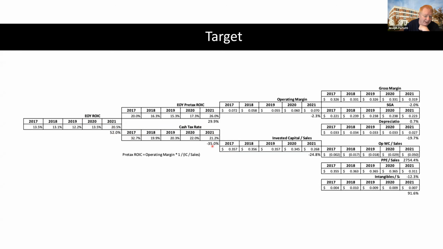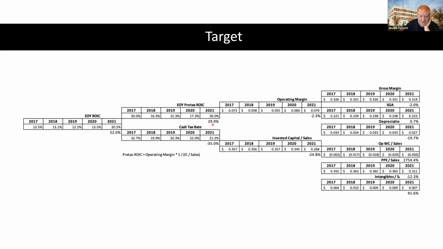That was a 35% decline in Target's tax rate, so that should have helped their ROIC. It did. Unlike Starbucks, the tax rate was also one of the direct drivers of the increase in the after-tax ROIC. They also were helped by the pre-tax ROIC going from 20% to 26%, a 29.9% increase.